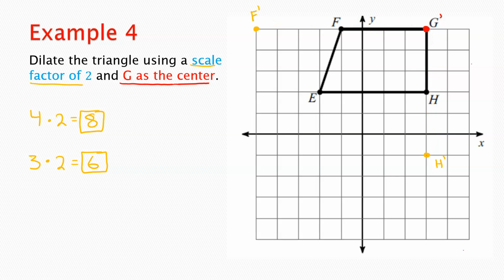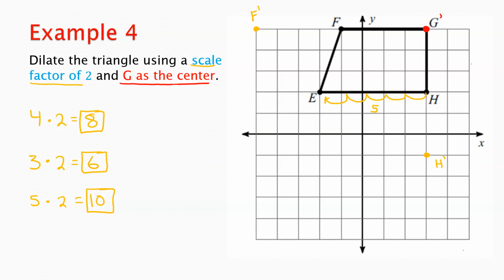All right, we got one last side here. From H to E used to be 1, 2, 3, 4, 5. So it used to be 5. We're going to now apply a scale factor of 2. What's 5 times 2? That gives us 10.